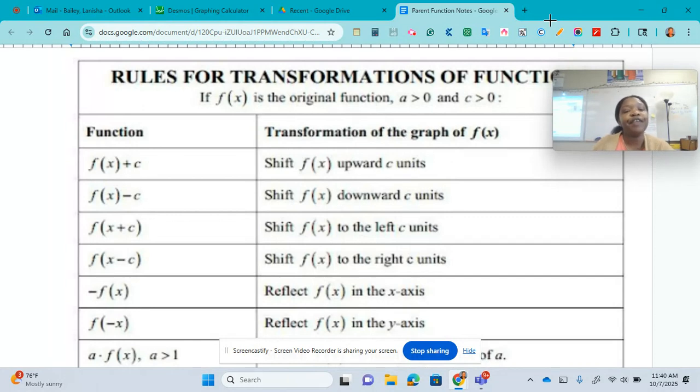Now, when we have anything added to the entire function, y goes in what direction? Up and down. So if it's plus c, we're going up c units. If it's minus c, we go down c units. So that is whatever the y is, whatever the function is, up, down.